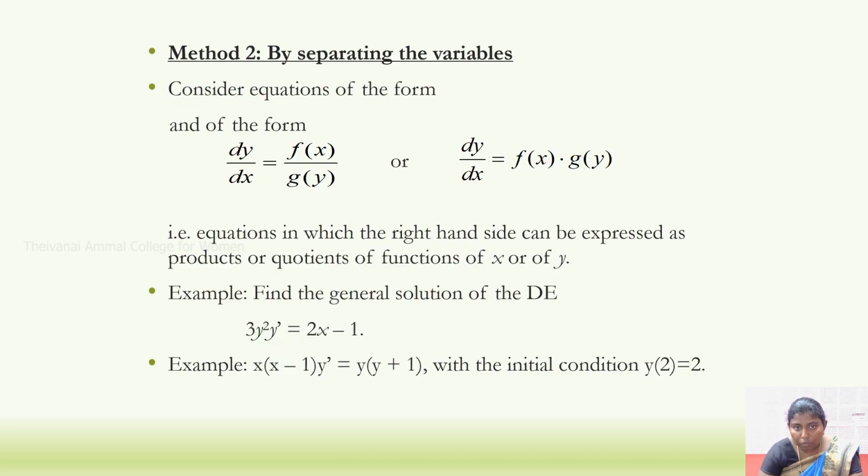For the equation dy by dx is equal to f of x divided by g of y, the denominator g of y on the right hand side is moved to the other side. So we get g of y dy is equal to f of x dx. Then we integrate with respect to y or x, so the integral of g of y dy is equal to the integral of f of x dx. Then we integrate to get the answer.